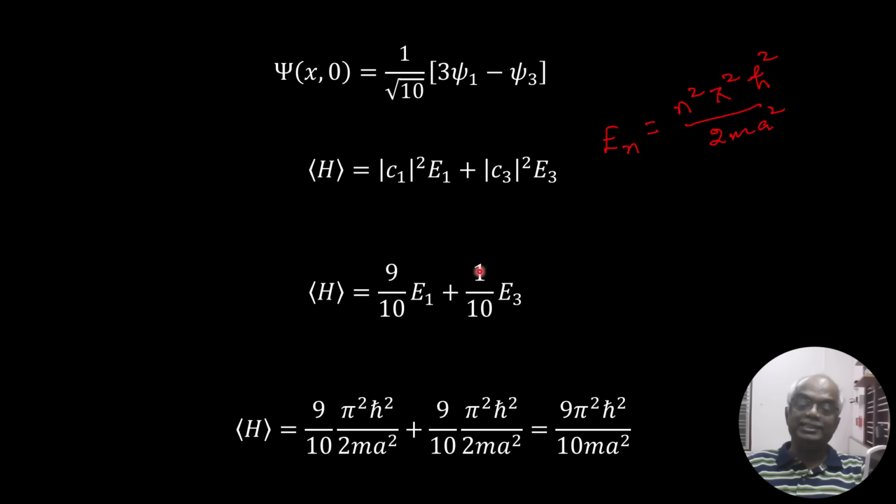So I am taking this 9 here, 9 over 10, then pi squared h cross squared over 2ma squared. If you simplify this, you can take 9 over 10 as common. Then pi squared h cross squared over 2ma squared plus pi squared h cross squared over 2ma squared will become 2 times pi squared h cross squared over 2ma squared. So the 2 will get cancelled. You will get 9 pi squared h cross squared over 10 ma squared.